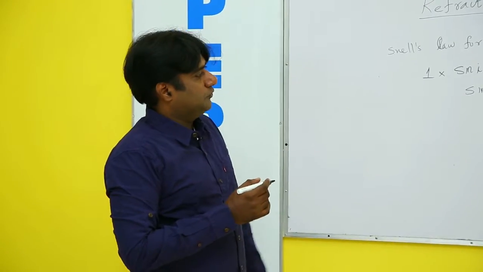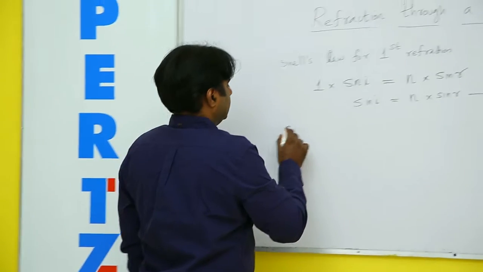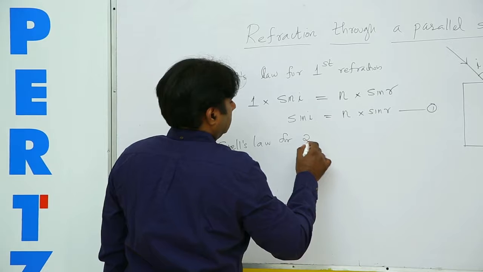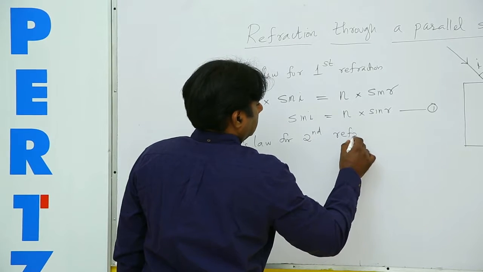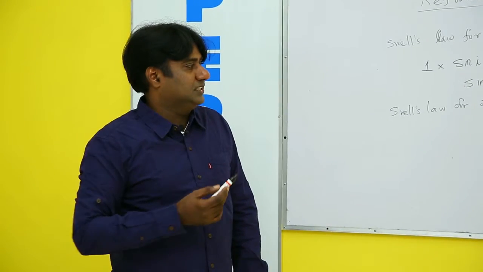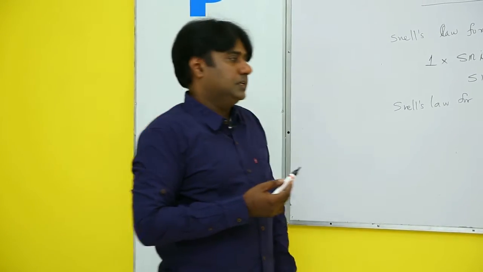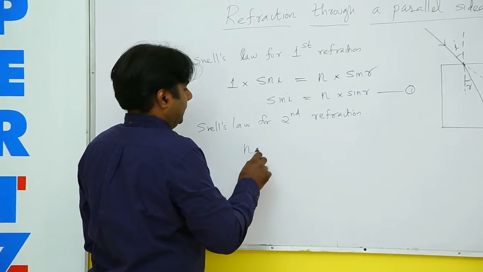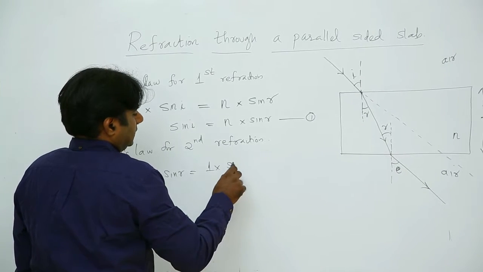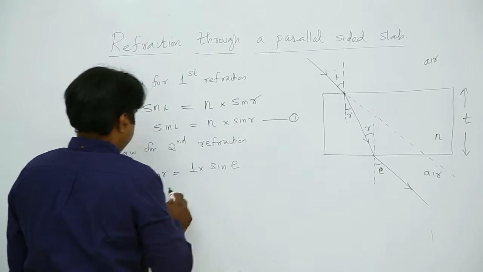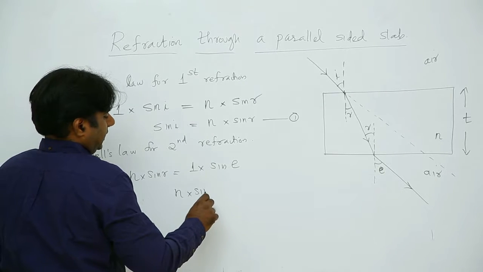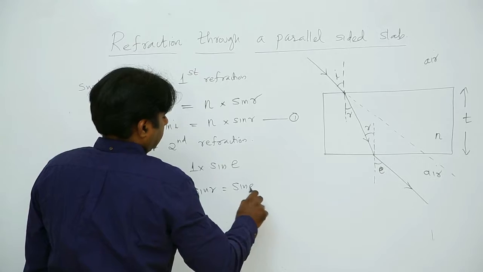Now I will apply Snell's law for the second refraction. For the second refraction, the angle of incidence is r, the angle of refraction is e. Applying Snell's law, n into sine r equals 1 into sine e, which I put as equation number 2.